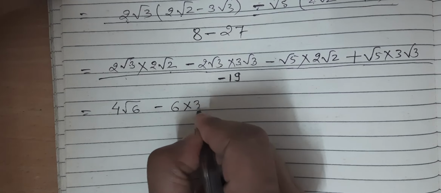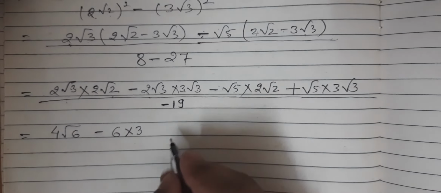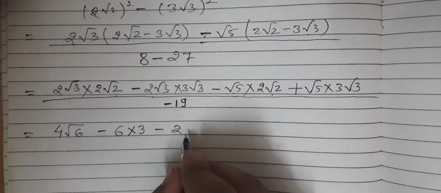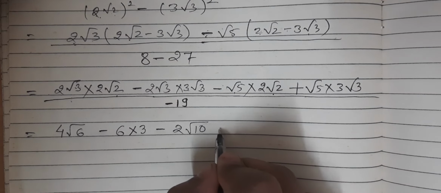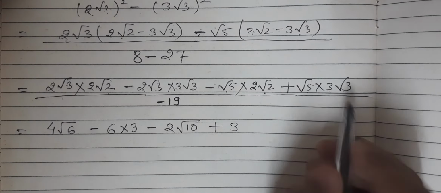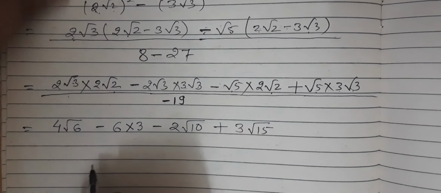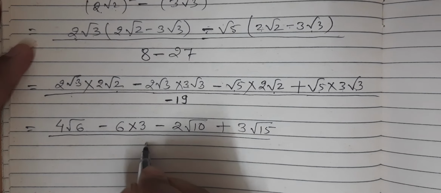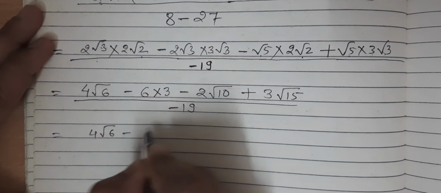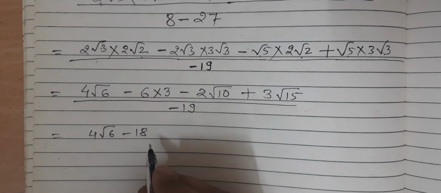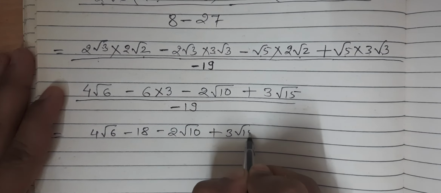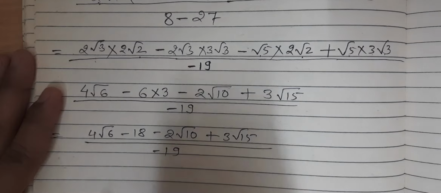Now next, we have root 5 multiply by root 2 is root 10 plus 3 root 5 multiply by root 3 is root 15, divided by minus 19. So 4 root 6 minus 6 3s are 18 minus 2 root 10 plus 3 root 15 upon minus 19.